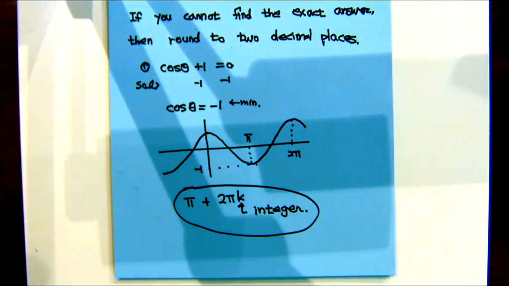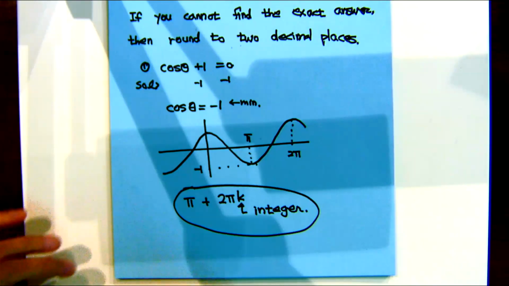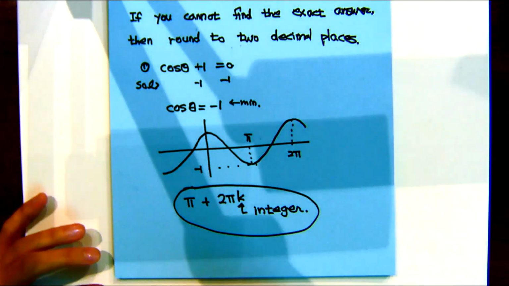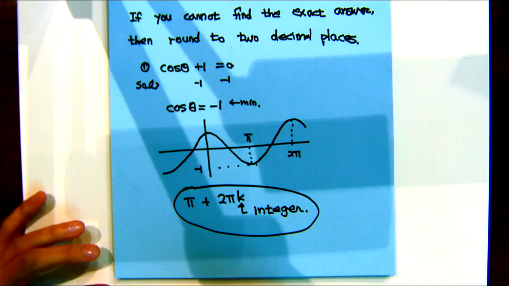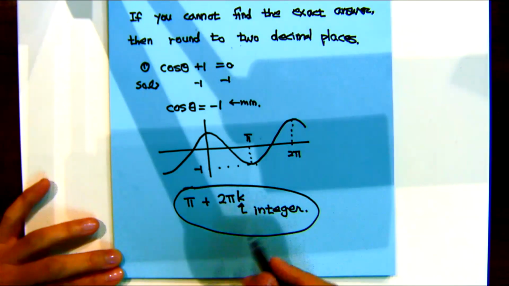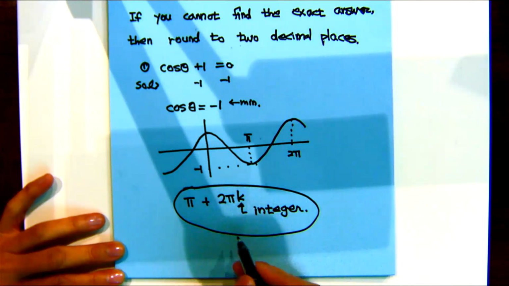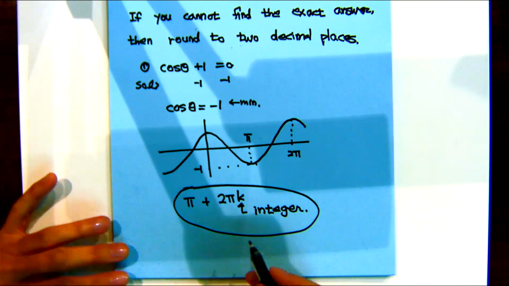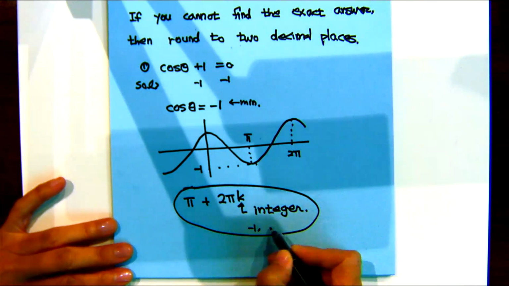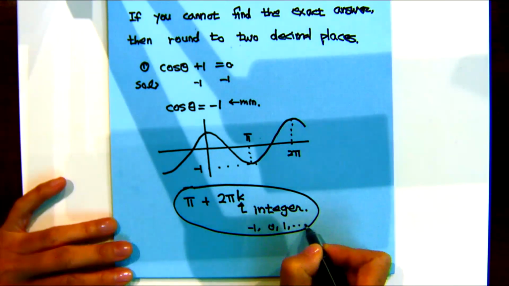Any question? Yeah. This one is k, and k may be an integer, so it's -1, 0, 1, and so on, right?